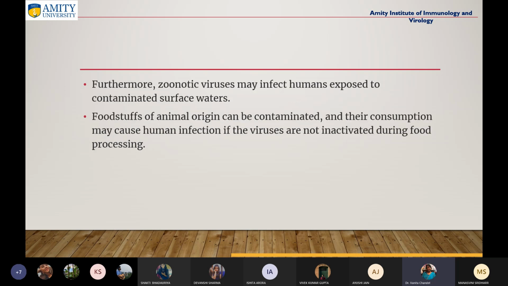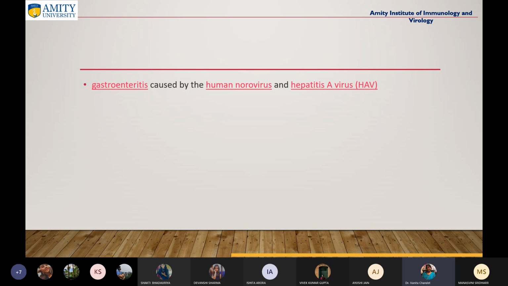Zoonotic viruses may infect humans exposed to contaminated water and surfaces also. Foodstuffs of animal origin can be contaminated, and their consumption may cause human infection if viruses are not inactivated during food processing. So there are chances at that stage also. For example, gastrointestinal infections caused by human norovirus and hepatitis A virus come under this category.